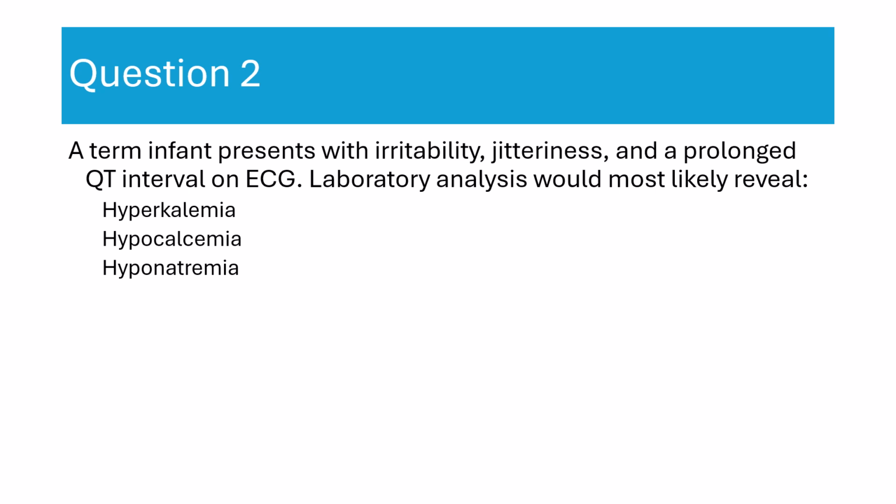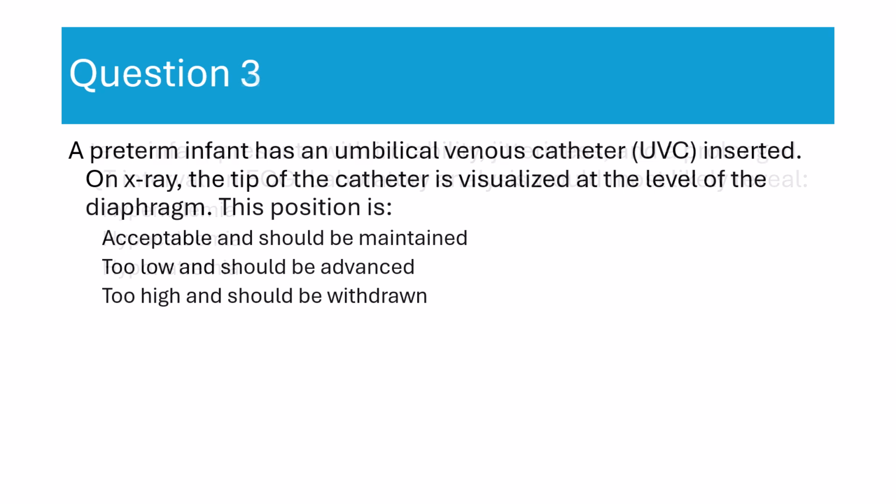Hyperkalemia is incorrect because it causes different ECG changes, primarily peaked T waves initially, followed by widened QRS complexes and ventricular arrhythmias in severe cases, not QT prolongation. Hyponatremia is incorrect because while it can cause irritability and seizures, it does not typically cause QT prolongation on ECG.